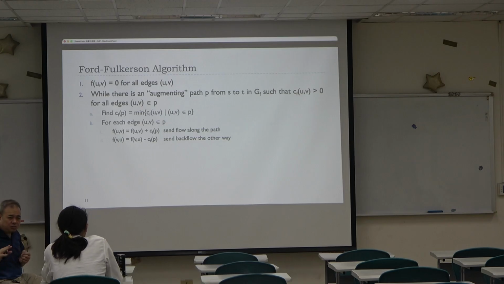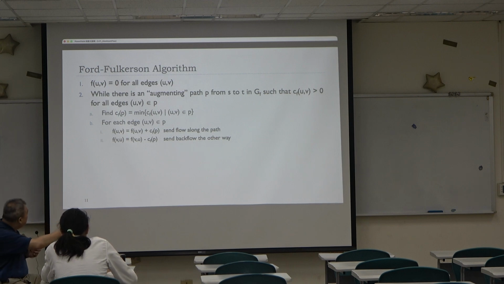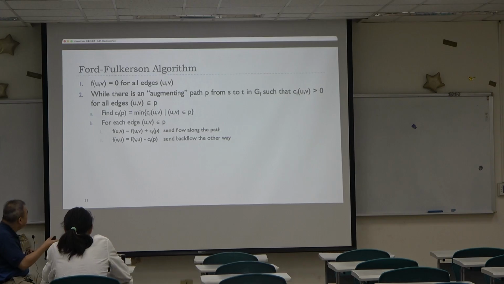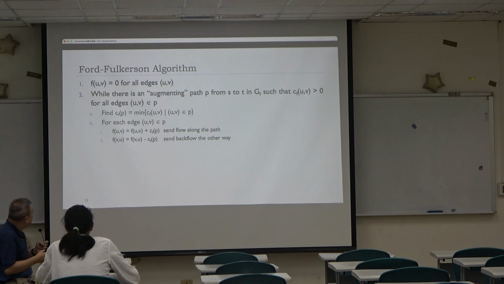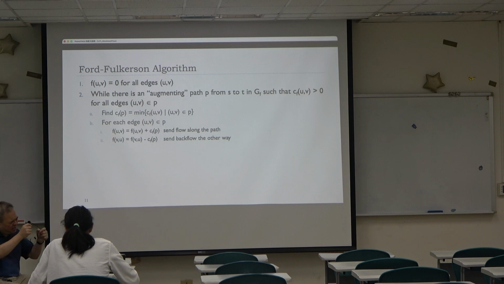I just want you to understand some special terminology. An augmenting path P from S to T in the residual graph is such that c_f(u,v) is greater than 0, so we want to find a path with some capacity left. Then we find whichever edge in this path has the minimum remaining capacity.